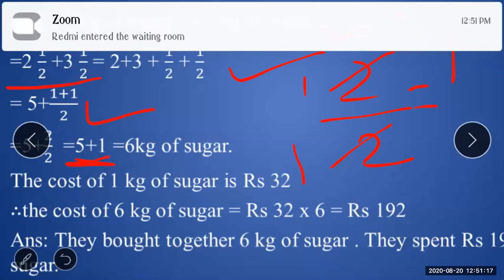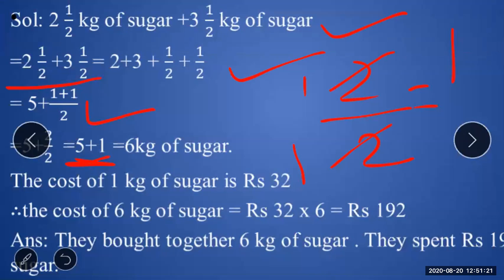Next, 2 plus 3 becomes 5, plus 1 upon 2 plus 1 upon 2. Now 5 plus 2 upon 2. Now 2 upon 2 is the same number. As I explained previously, you have to cut it down. So 2 ones are 2, 2 ones are 2. So here we got 1. We will add it to the 5. So 5 plus 1 becomes 6.